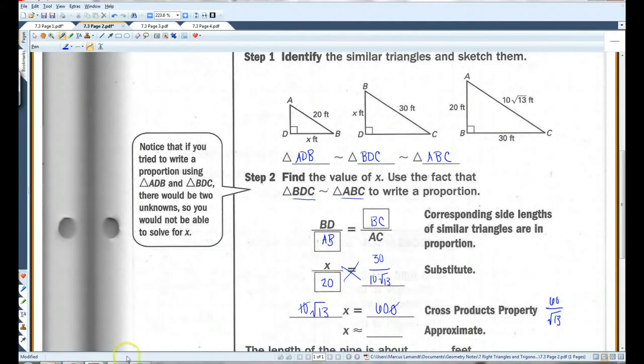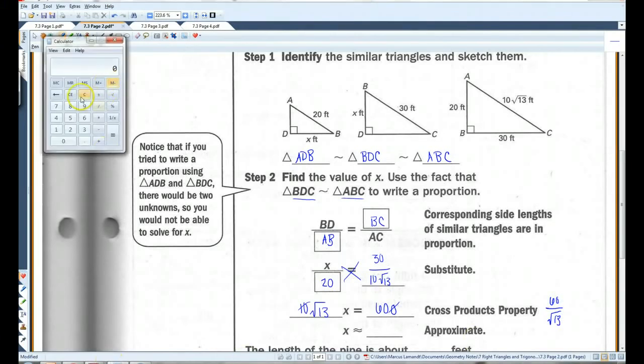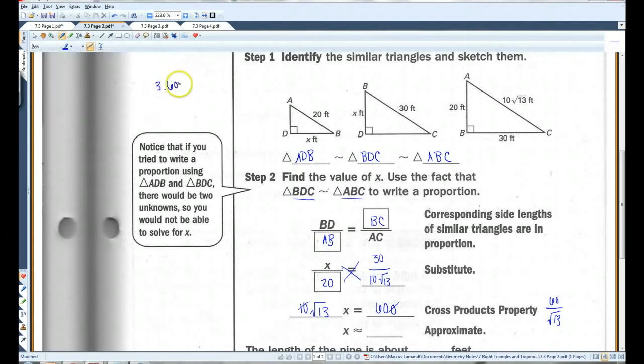I'm going to use a calculator. With this calculator, it looks like we'll have to do it this way. Square root of 13 is 3.60555ish.